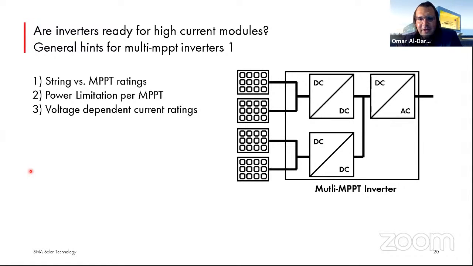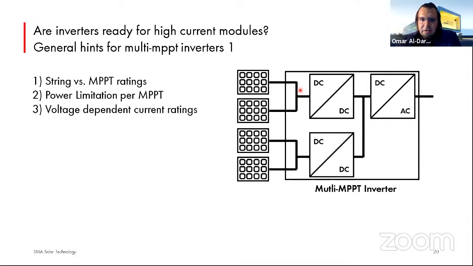Finally, some things to look out for when you're using such high current modules with multi-MPPT inverters. First, you need to look at the string rating versus the MPPT rating. On a data sheet, typically you'll see the short circuit current of an MPPT, but that doesn't necessarily mean that a single string can handle that short circuit current. So you need to double check that.